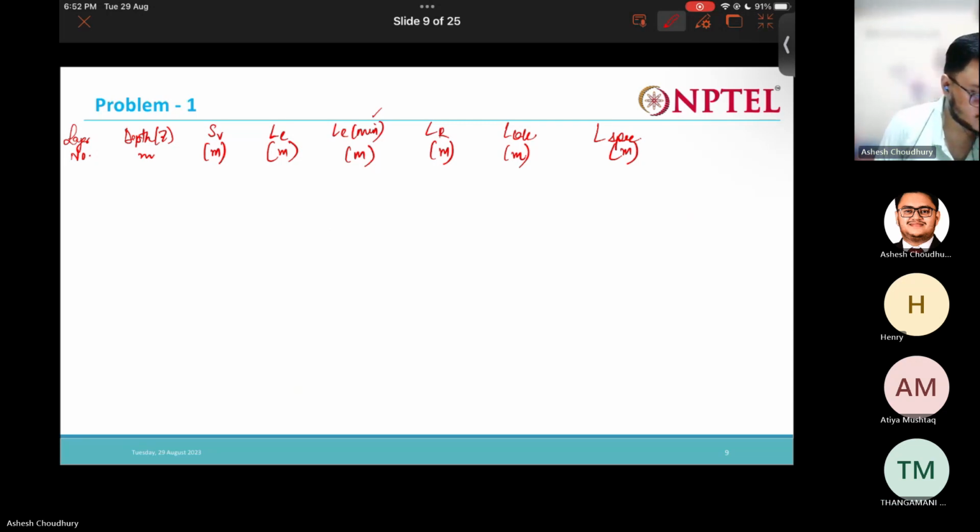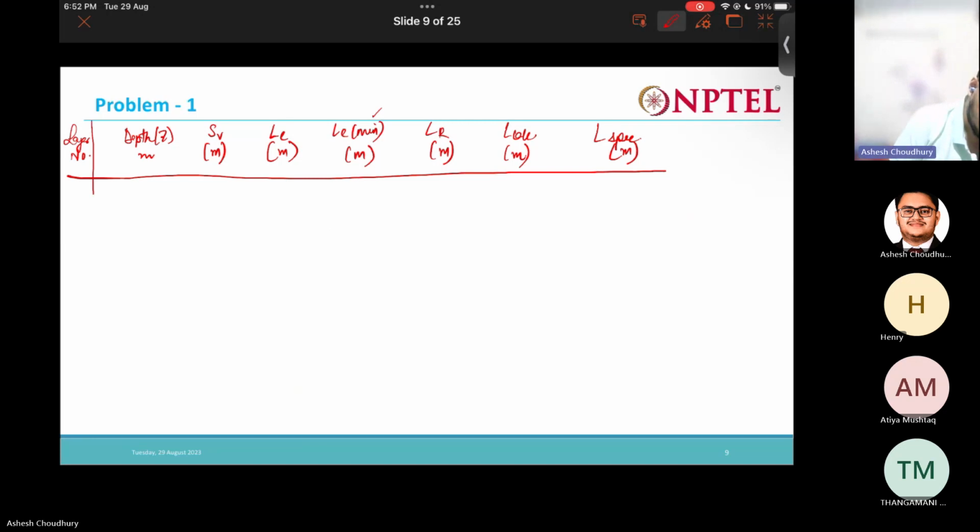All right. So now let us calculate layer by layer. We have 15 layers.